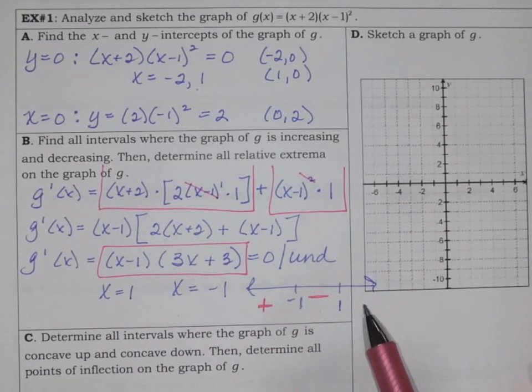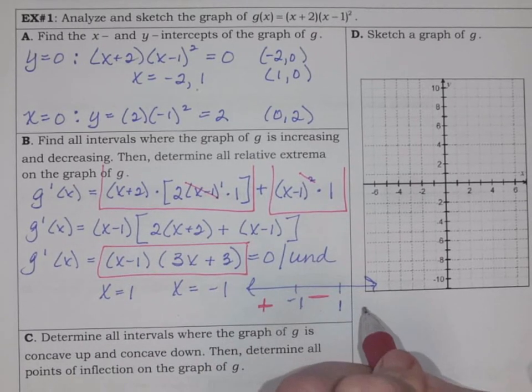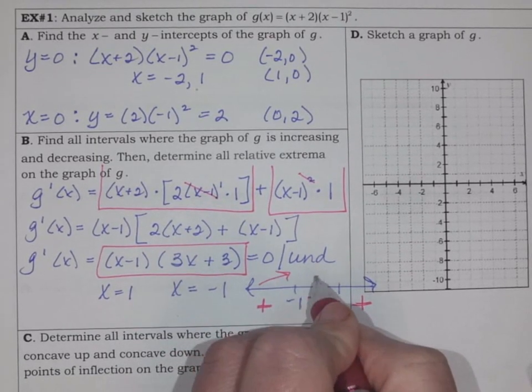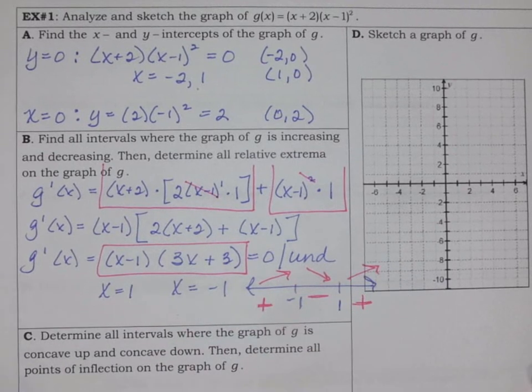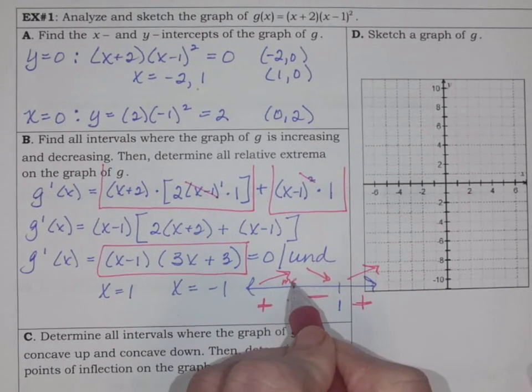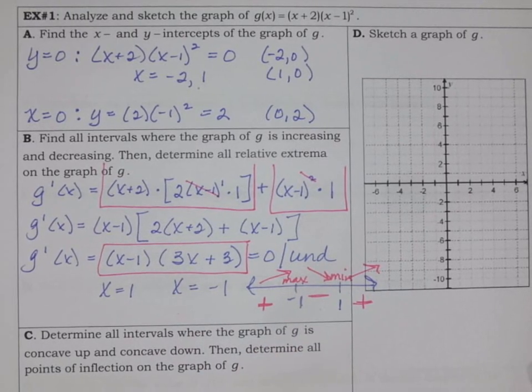And if I plug in positive 2, that would be a positive times a positive, so that would be a positive. All right, so that means I'm increasing, decreasing, increasing, and then the negative 1 will be labeled as a max, and the positive 1 will be labeled as a min.